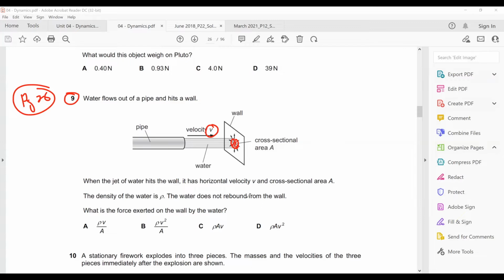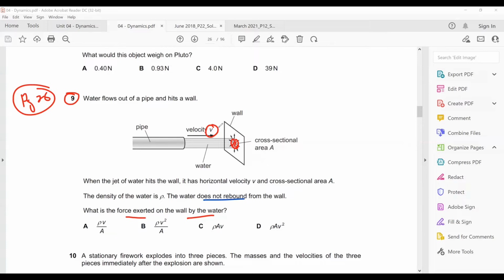The water does not rebound from the wall. What's the force exerted on the wall by the water? Okay, so this is something else. Oh yeah, what's the significance of this statement here? The water does not rebound from the wall.